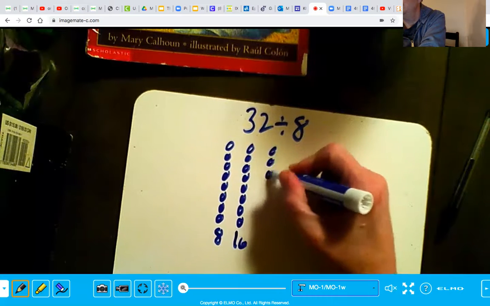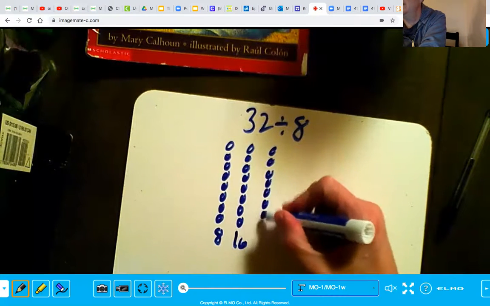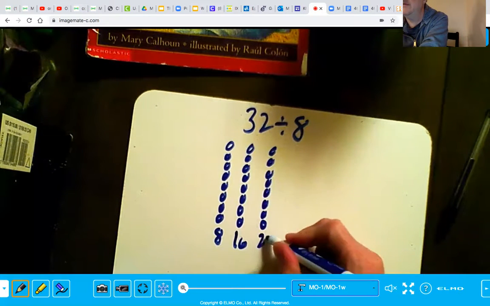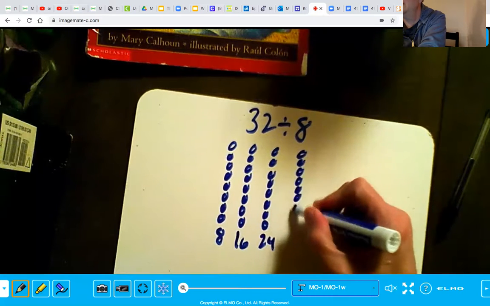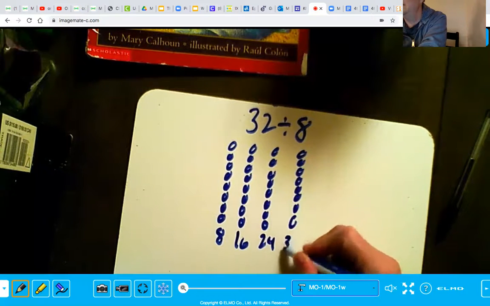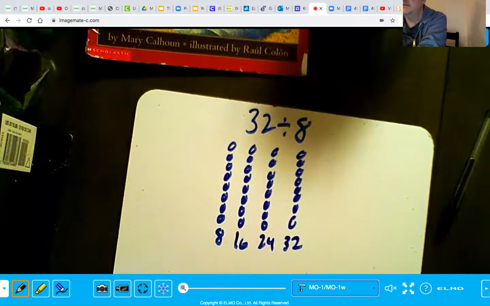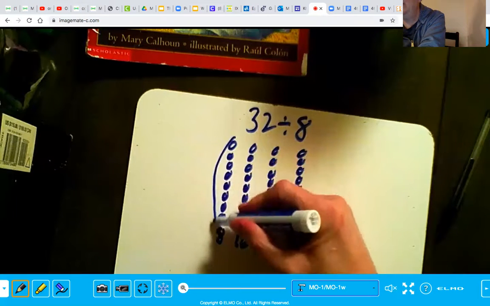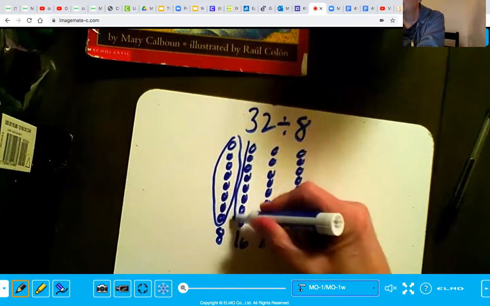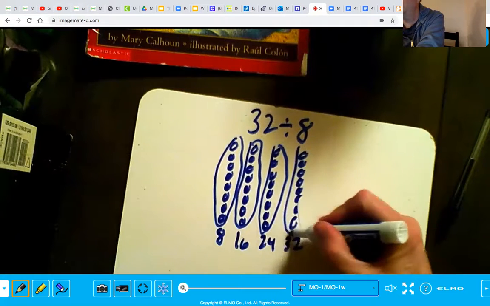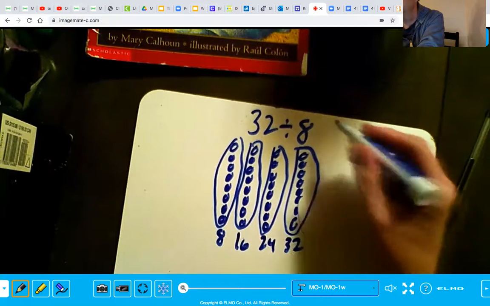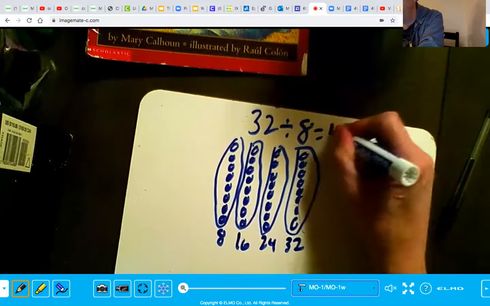Another 8. 16 and 8 is 24. Another 8. And that's 32. So how many groups of 8 do we have in 32? We have 4 groups. 32 divided by 8 equals 4.